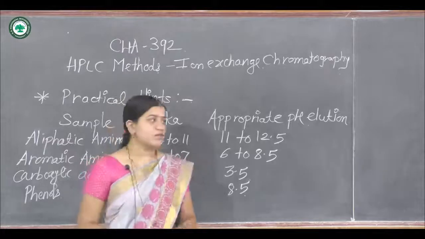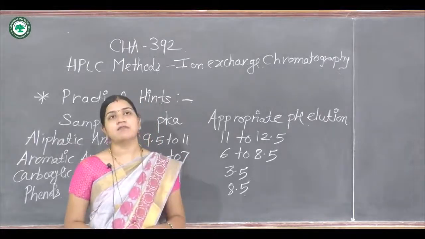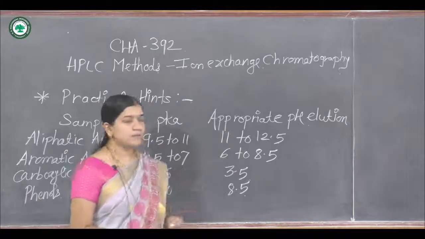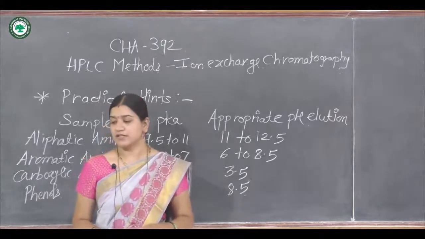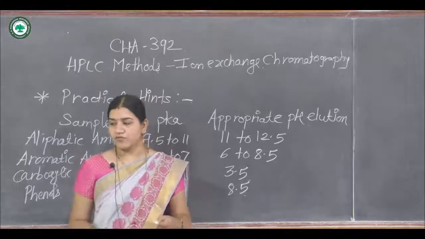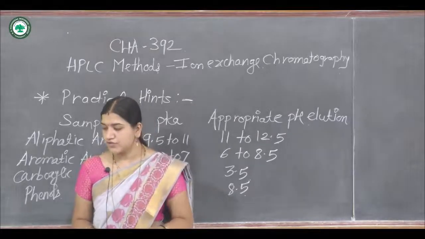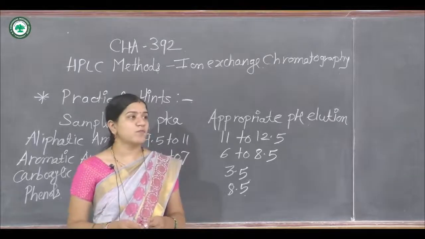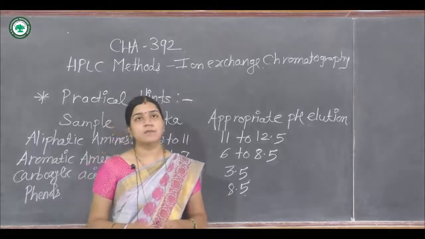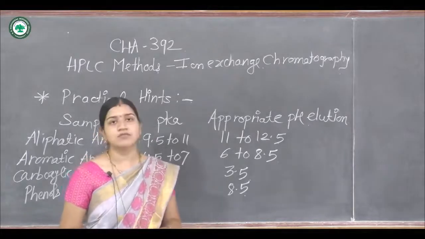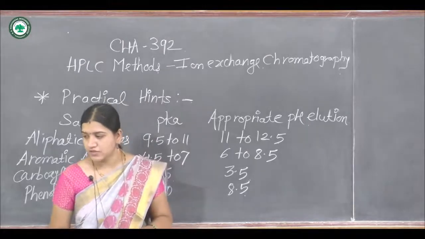And in the case of the anion exchanger, the pKa value should be 1.5 units less than the pH value. These are the necessary conditions for the pH and pKa relationship when analyzing compounds using the cation exchanger and the anion exchanger.